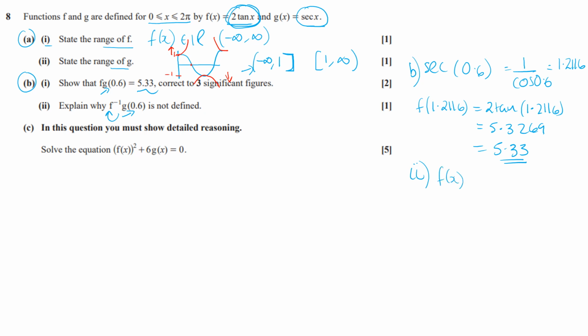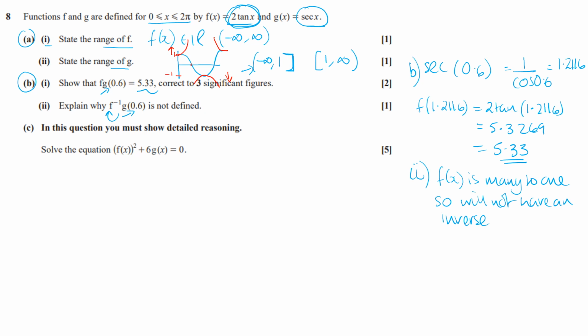So f of x is many to 1. Now only 1-to-1 functions have inverses, so many to 1 will not have an inverse, because if it did have an inverse, then you'd have 1 to many, and anything to many is not going to be a function.